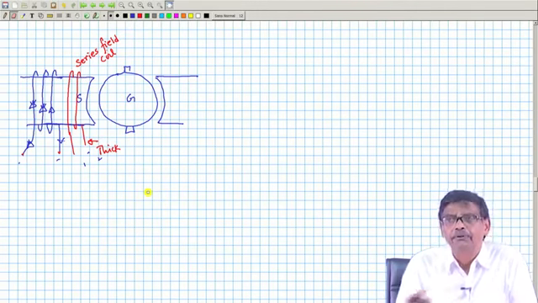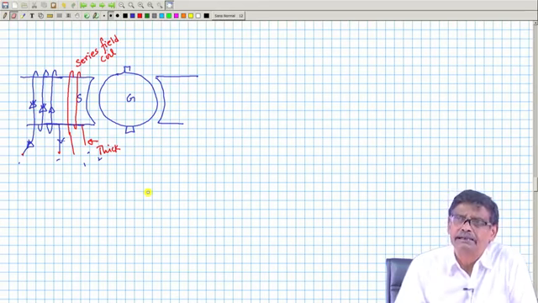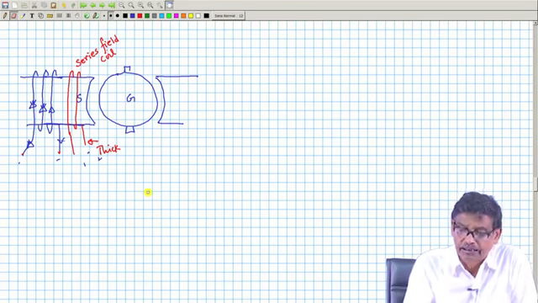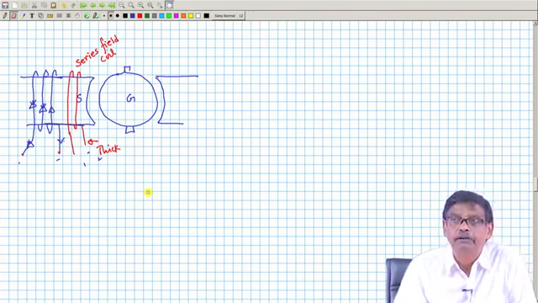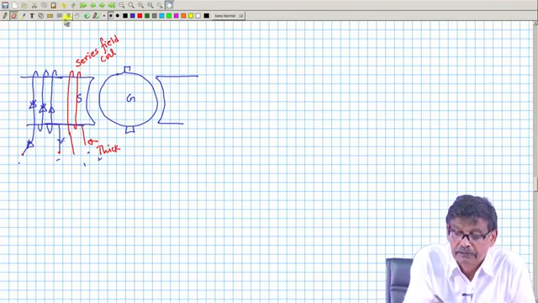That is why people talk about compound machines, that is a generator might have a shunt field winding as well as a series field winding, and it may be connected like this, for example.